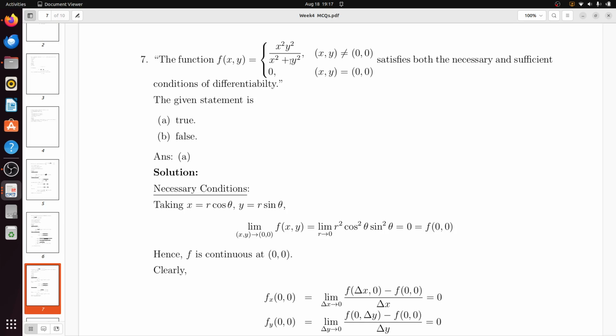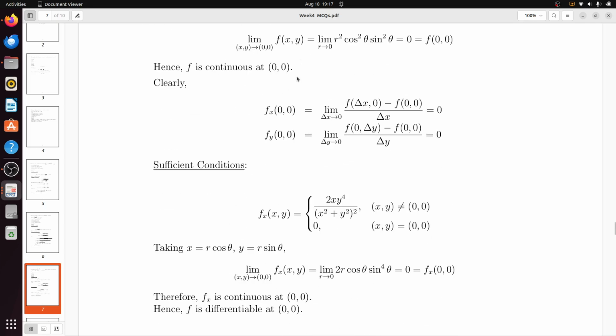Now the next part, fx(0,0) equals limit delta x tends to 0 of f(delta x, 0) minus f(0,0) by delta x. So what is our objective next? To determine whether the partial derivatives exist or not, right? So the partial derivatives exist.